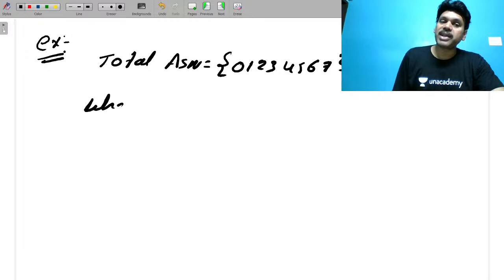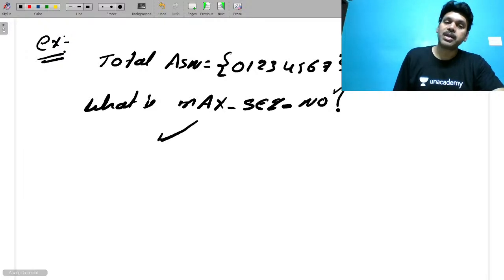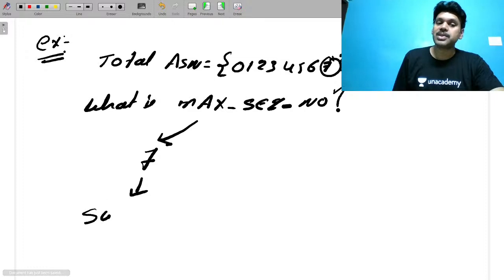What is your maximum sequence number from the above? Which is nothing but 7. That 7 is your sender window size. So receiver window size is always 1.